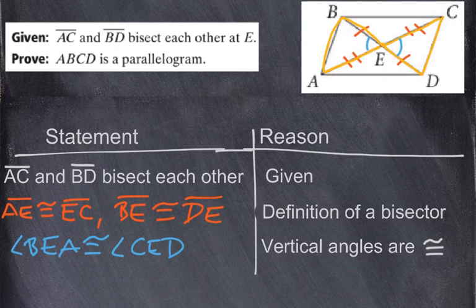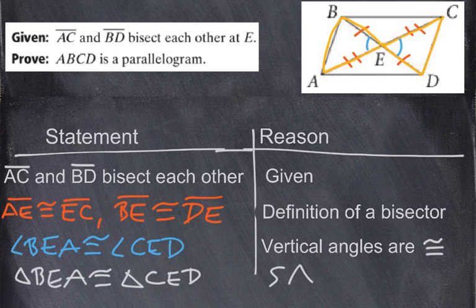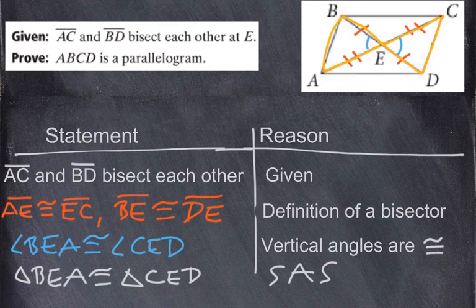Now that we have enough information, we could say here that triangle BEA is congruent to triangle CED because of side angle side. And therefore, all their corresponding parts are going to be congruent.